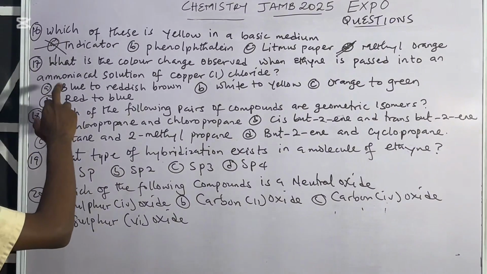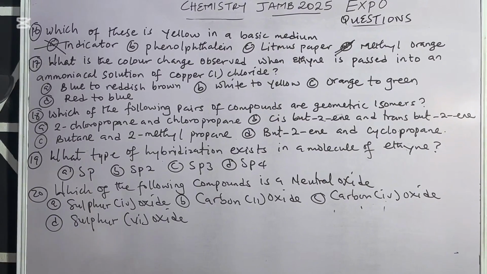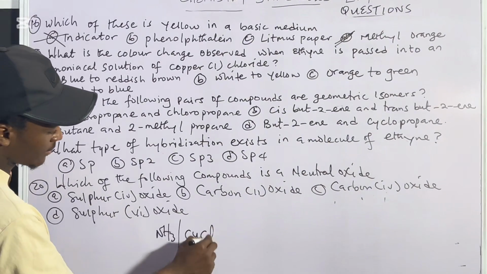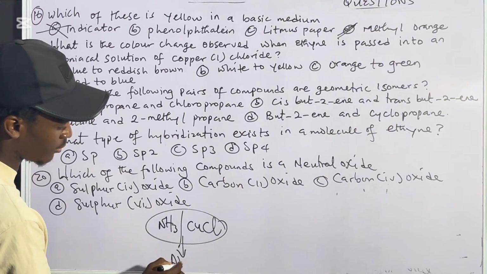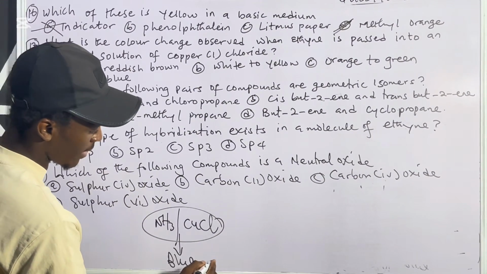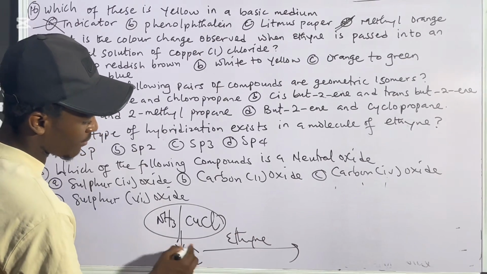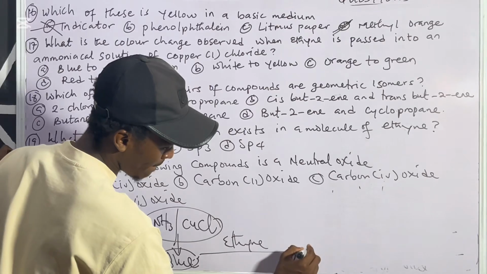Then, looking at it, they said what color change will be observed when ethyne is passed through a solution of ammoniacal copper 1 chloride. Now, this solution is actually having a bluish color. Then, when you pass ethyne gas through it, it changes the color from blue to reddish brown.